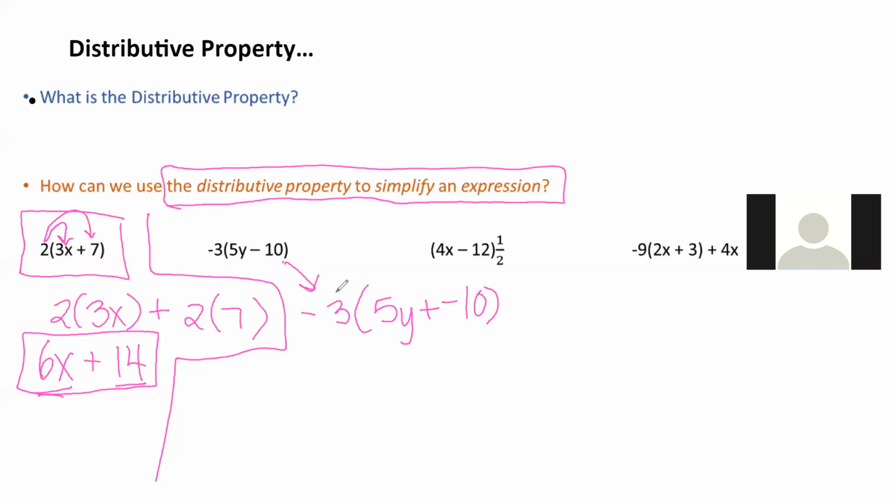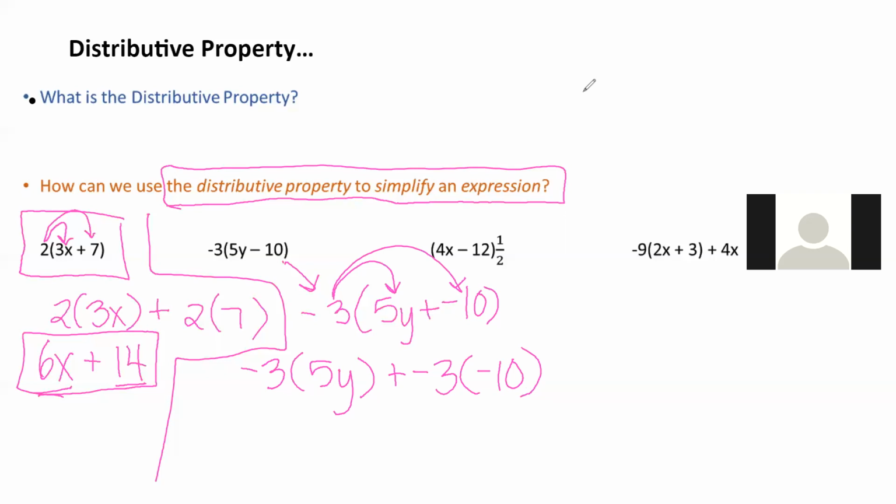Now we're going to share that -3 by multiplying. So we're going to go -3 times 5y plus -3 times -10. Now we got to simplify. What do I get if I simplify that further? What do you guys think?